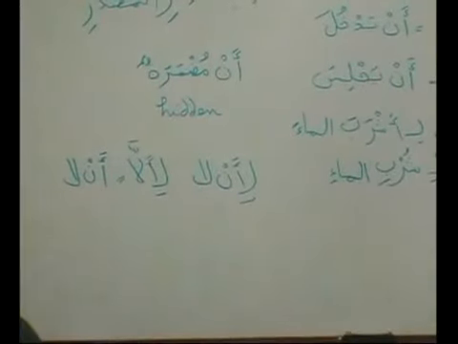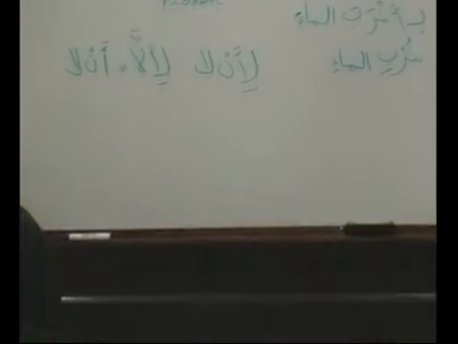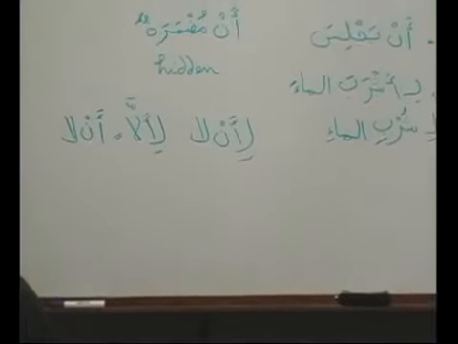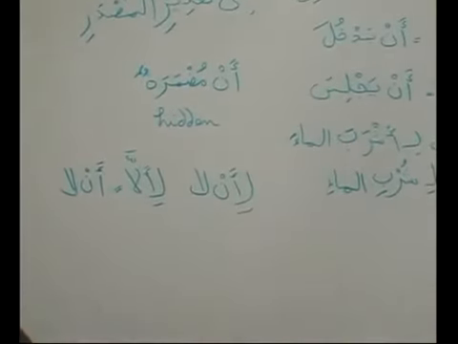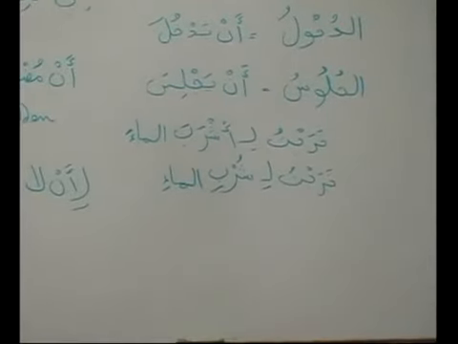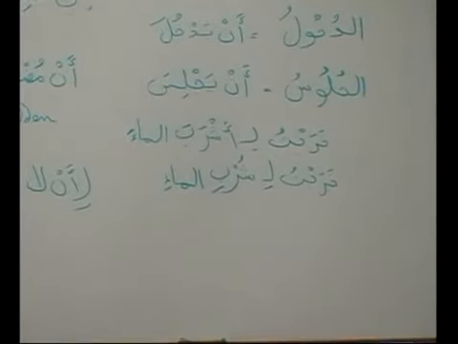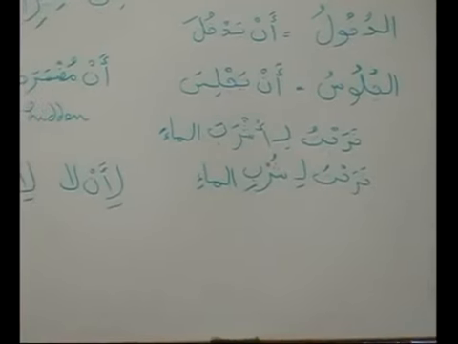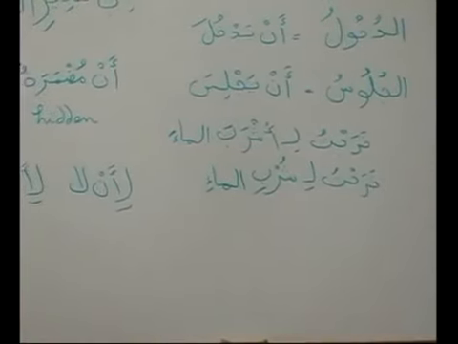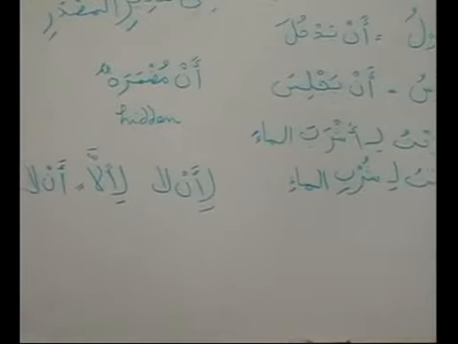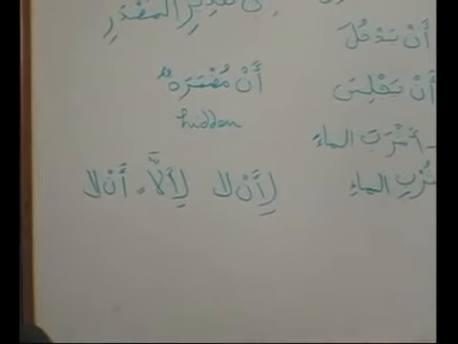Similarly, Sister Nusrat, Li Shurbil Ma'i. So the maf'ul bihi, or even a fa'il, will turn into mudaf ilayhi once you change it into a proper masdar. See, the sentence is Nadrusul lughat al-arabiyya li nafhama al-Qur'ana al-Karimah.